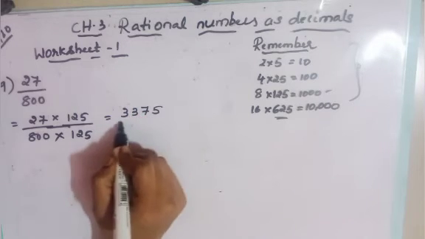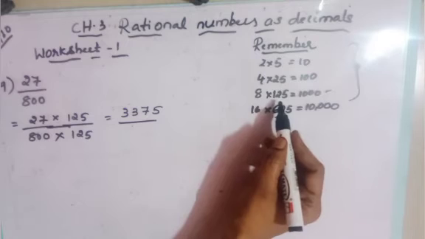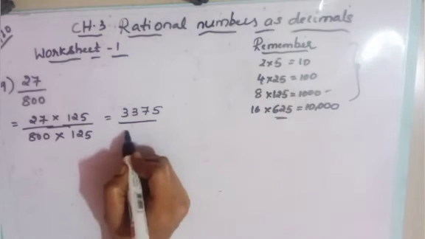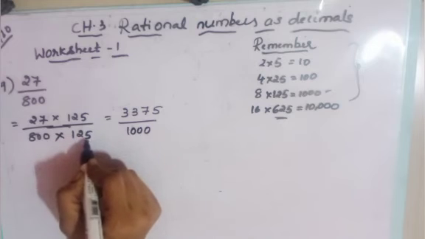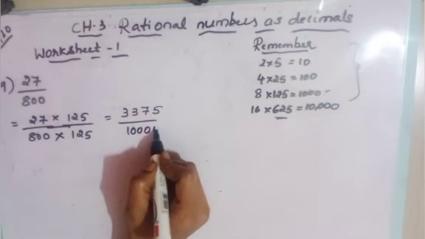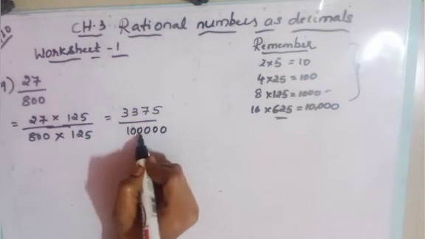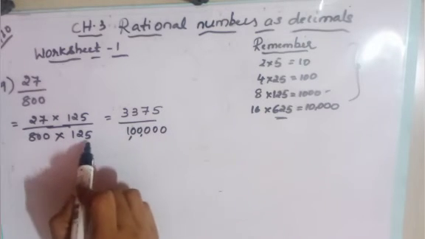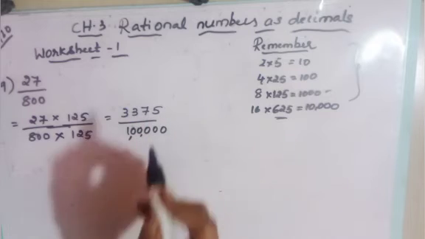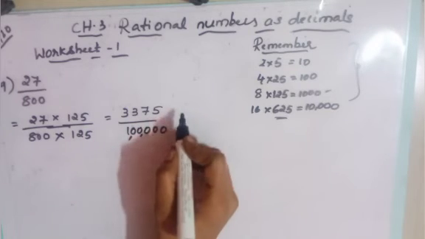Next, here when you multiply 8 with 125 we'll get 1000. Here 800 into 125 means 800 with 2 more zeros added. So we'll get 1 lakh. So 800 into 125 is 1 lakh. So now we'll convert this into the decimal form.